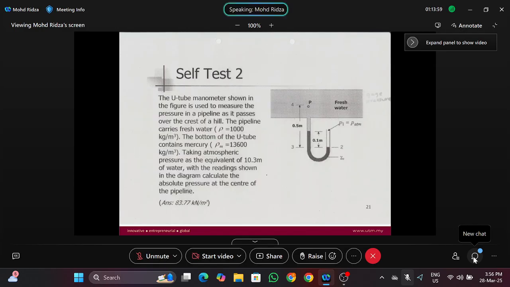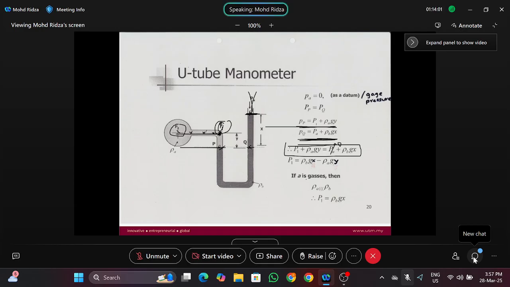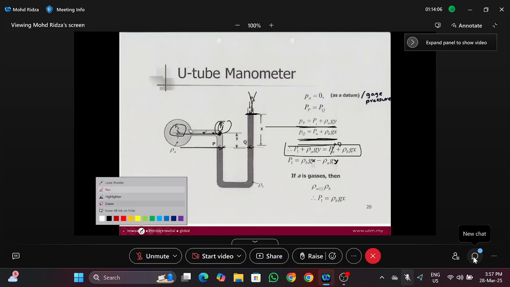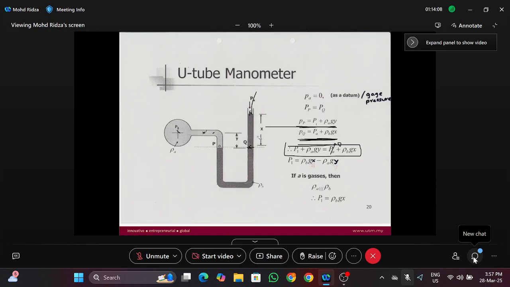If A is gas, if the pipe is filled with gas, maybe some oxygen tank, moving oxygen or nitrogen instead of water or oil, then the density of A is the density of gas, but B is a liquid.